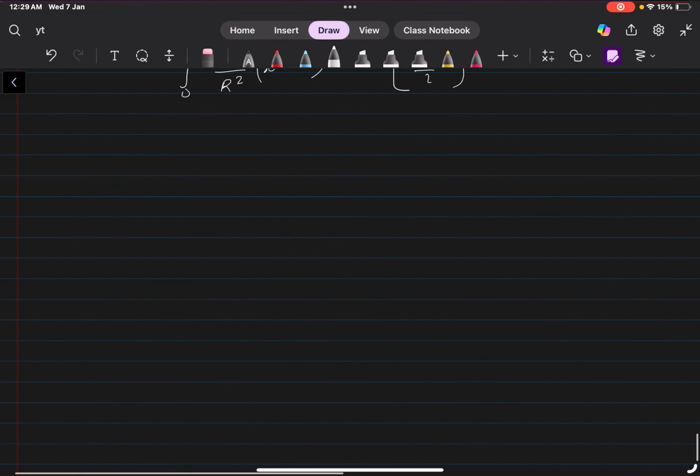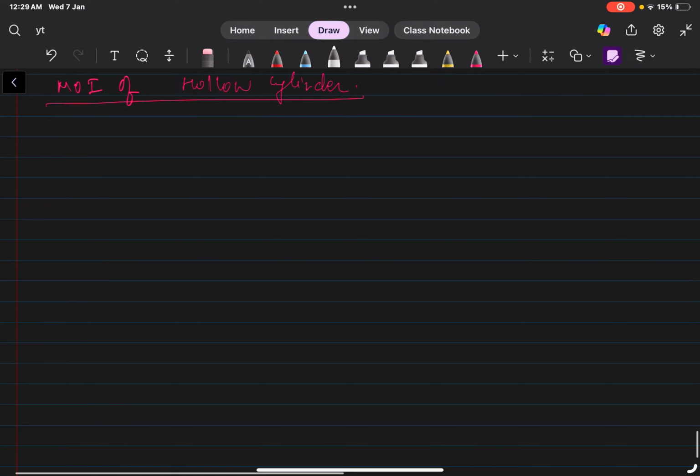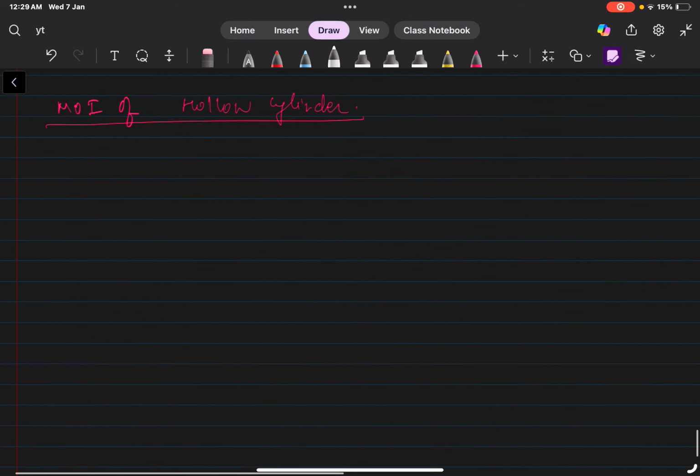Now the next point is the moment of inertia of a hollow cylinder. What is the moment of inertia of the hollow cylinder we are talking about here?